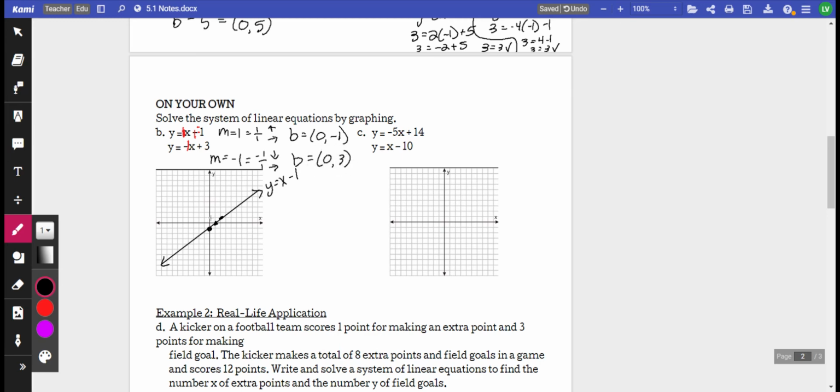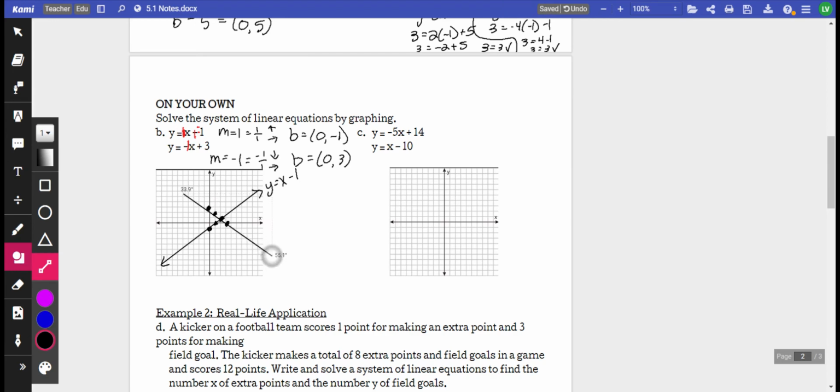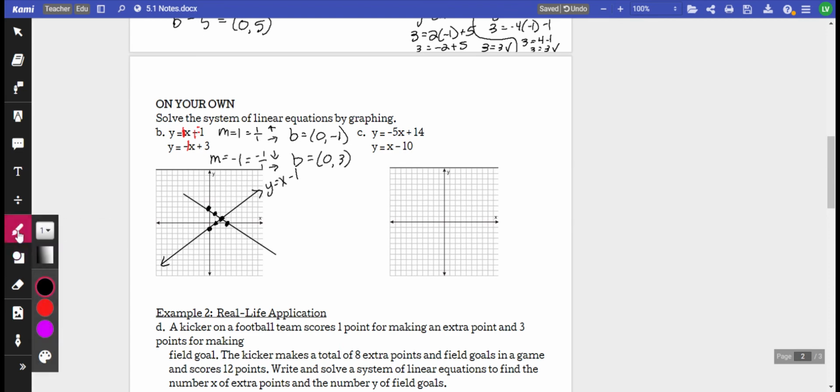So I'm going to start at 0, 3. I'm going to go down 1 to the right one, down 1 to the right one, down 1 to the right one. And I'm going to connect my points with the line. And I'm going to label this graph y equals -x plus 3.